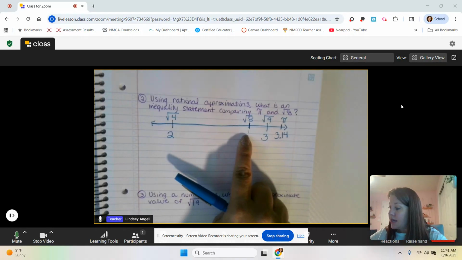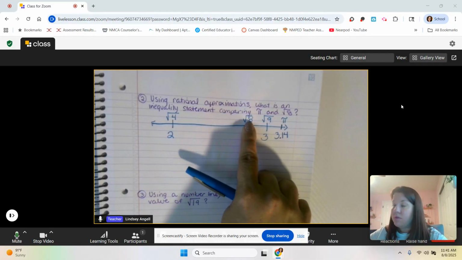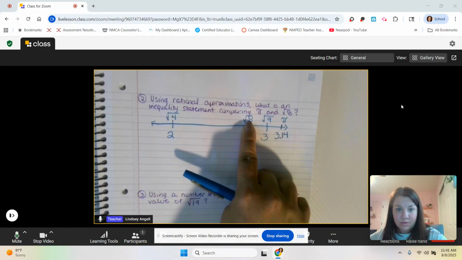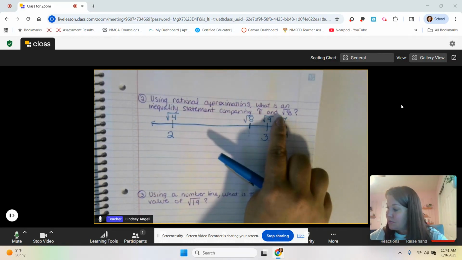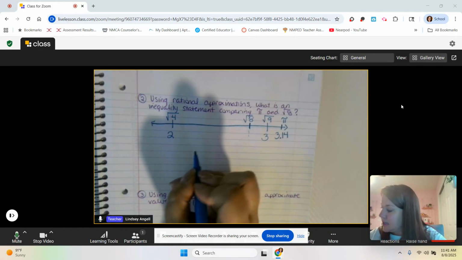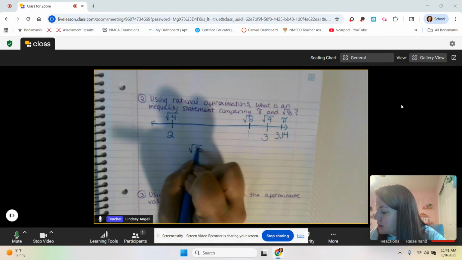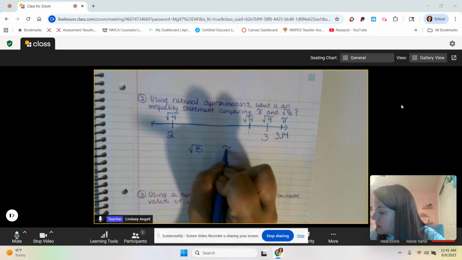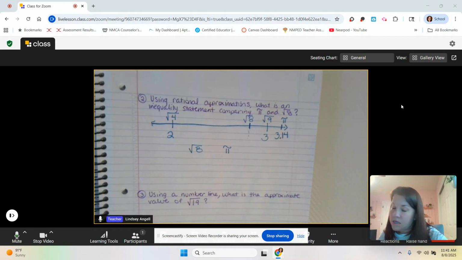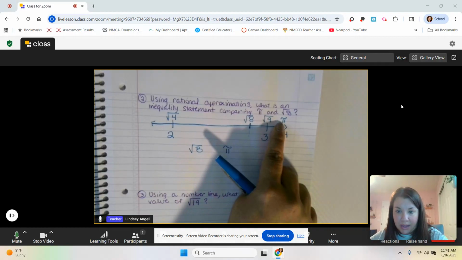I just need to set up an inequality statement. We know that the square root of 8 is unequal to pi, so we can't put an equal sign. We're going to use an inequality sign. We're comparing them, and the square root of 8 we know is less than pi.